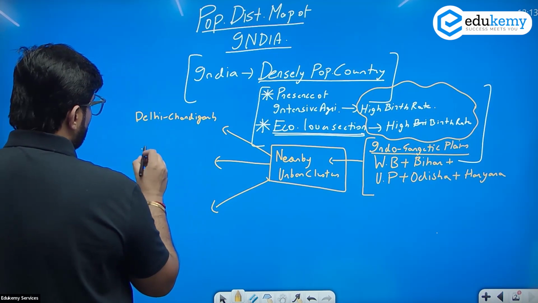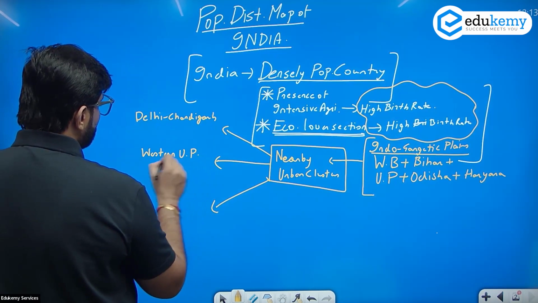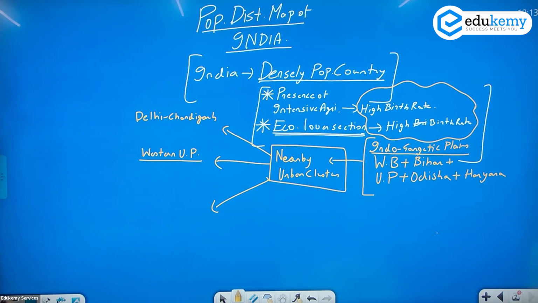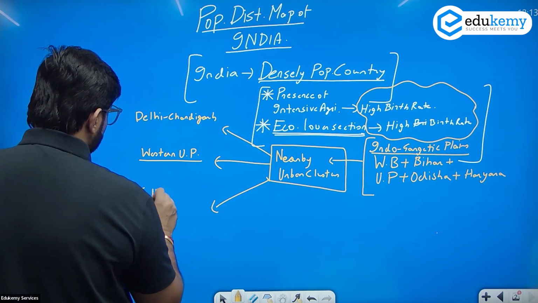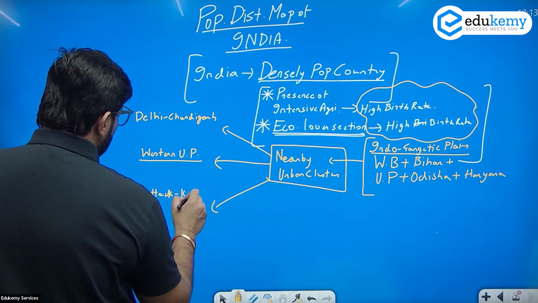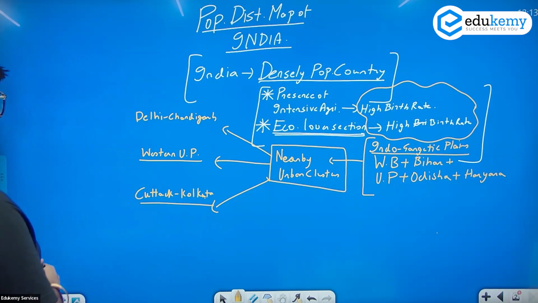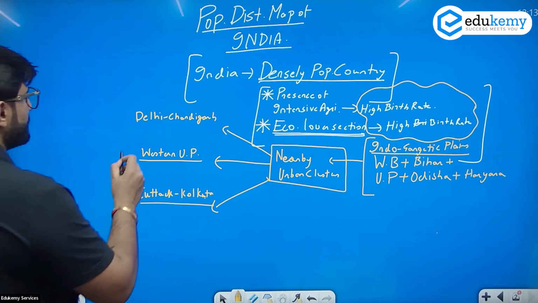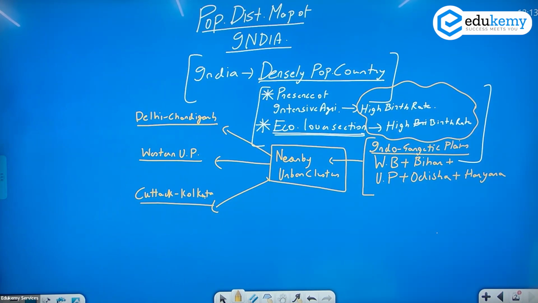We have the Western UP cluster, which is densely populated, and then we have the Cuttack-Kolkata cluster, which is densely populated. So these are some of the areas where we are having a relatively high population density in and around the Indo-Gangetic Plains.